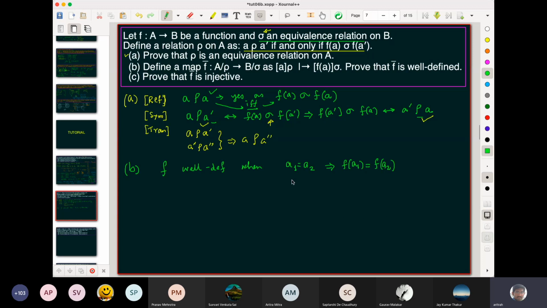That is well defined. So two equal elements give rise to the same value. That is the definition by which we define a function. Okay, so here can you prove this now? What does it mean, they are 1 to 1? No. 1 to 1 is the reverse. 1 to 1 is the reverse. Do not confuse this.